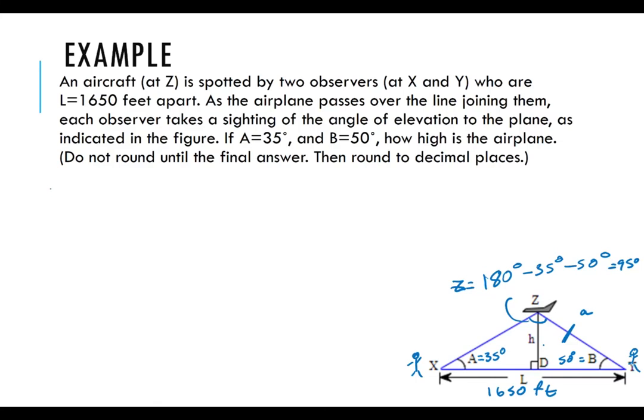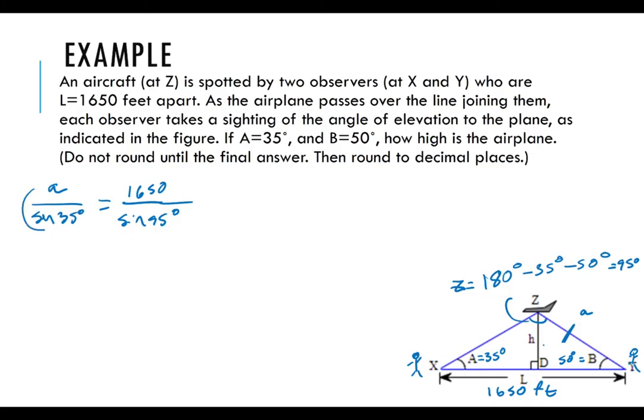So what's that going to look like? That's going to be side length A divided by sine of 35 degrees, equal to sine of angle Z, which is 95 degrees, under the side opposite angle Z, which is 1,650 feet.